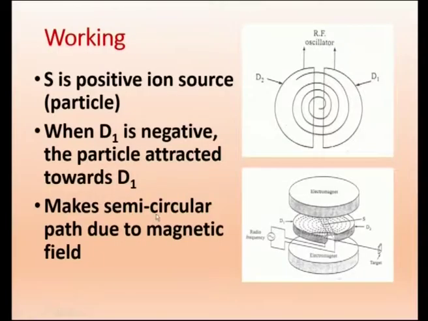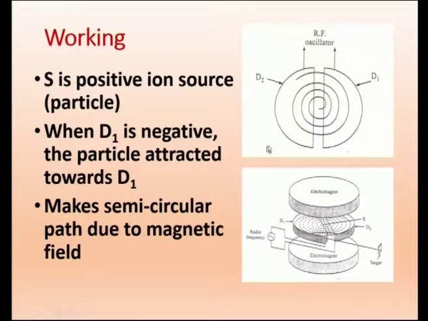It makes a semicircular path due to the magnetic field. It gets attracted, and it can't go straight. Suppose there is no magnetic field, this particle would just go straight, making only vertical motion like this. Because of the magnetic field, it makes circular motion.